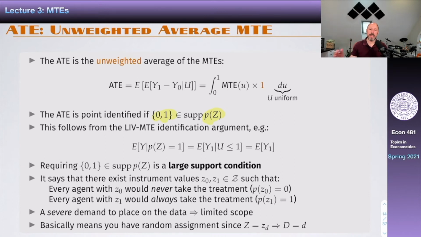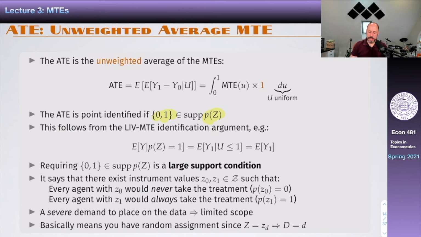Well, conditioning on everybody with propensity score equal to 1, those are individuals that always choose D1. That will give you the expected value of y1. Then condition on everybody that has propensity score 0, and that will give you the expected value of y0. And then you can take the difference of those two and then you're done, okay? In a way. So that's the idea.